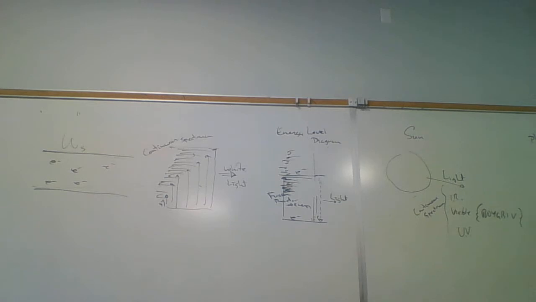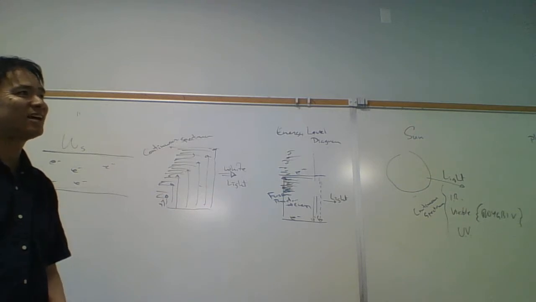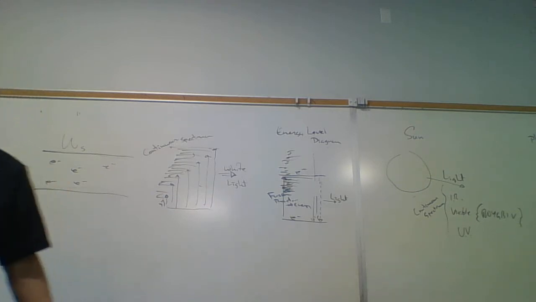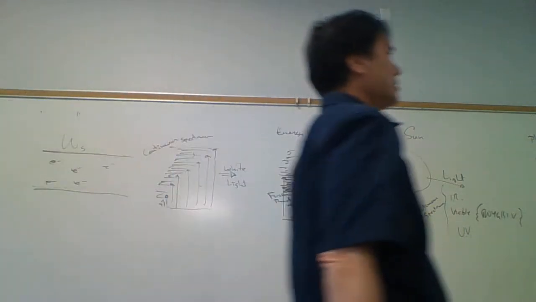There's too much stuff on this slide. So what's this showing? Lambda. What's lambda called? Wavelength. A shorter wavelength, longer wavelength. This is how we can analyze the continuous spectrum.